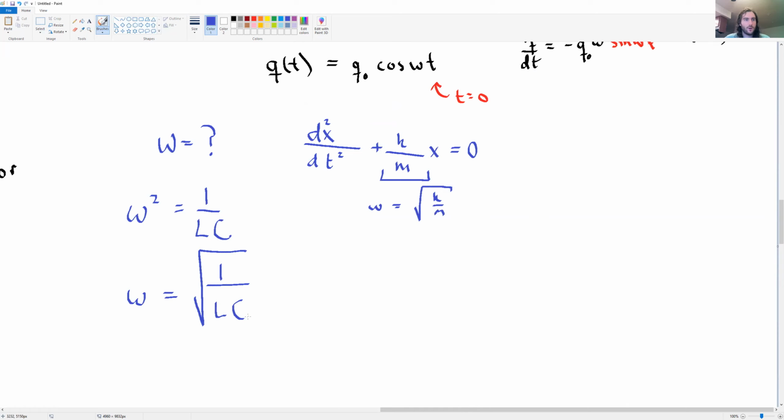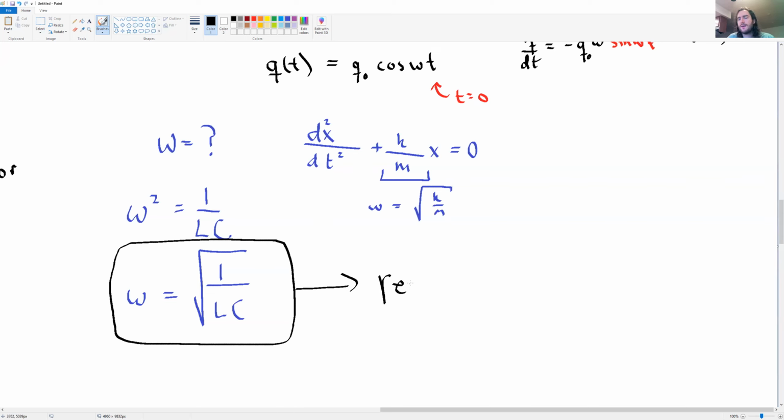You could take the plus or minus sign, but usually we define the frequency to be a positive number. It's the number of times something repeats in 1 second. In this case, this is an angular frequency, so we multiply the frequency by 2 pi. This is what we call the resonance frequency for this circuit, or rather the resonance angular frequency.